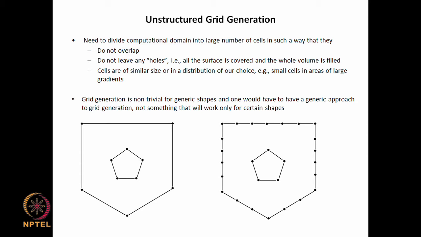If you already are expecting certain features of the flow and these need to be resolved, say a certain region in which you are expecting a large velocity change, maybe a 50% velocity change, then at this point the velocity is here and at this point the velocity is here.